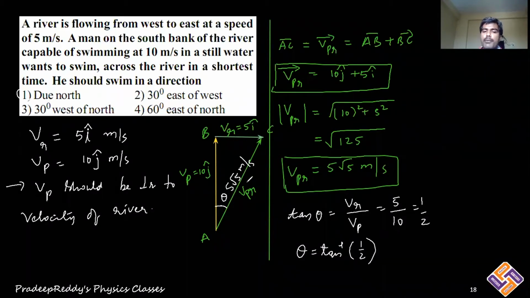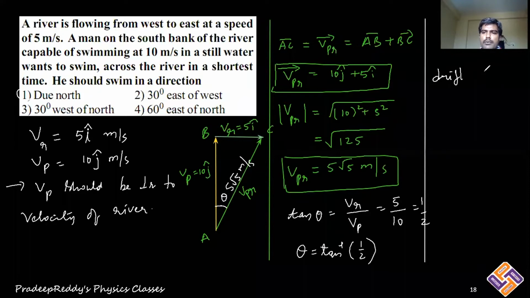That means if the boat is traveling perpendicular to the river velocity, it gets drifted by an angle of tan inverse 1 by 2 and reaches the other bank at position C instead of position B. You can even find out the drift also. In this question it has not been asked, but I'm finding all of this, because in the next problem you can do it by yourself. You can find out the drift. What is the drift here?